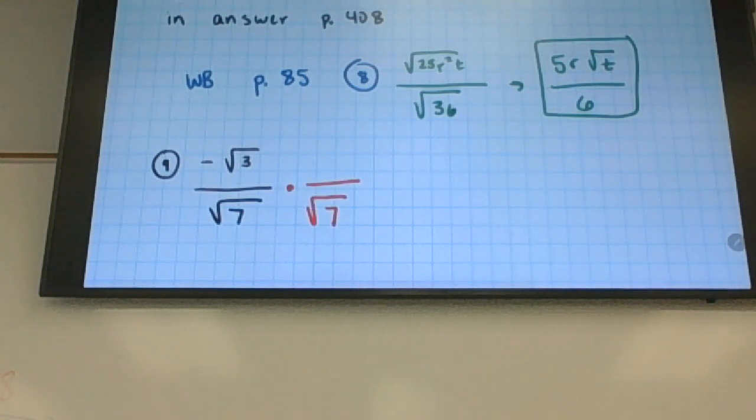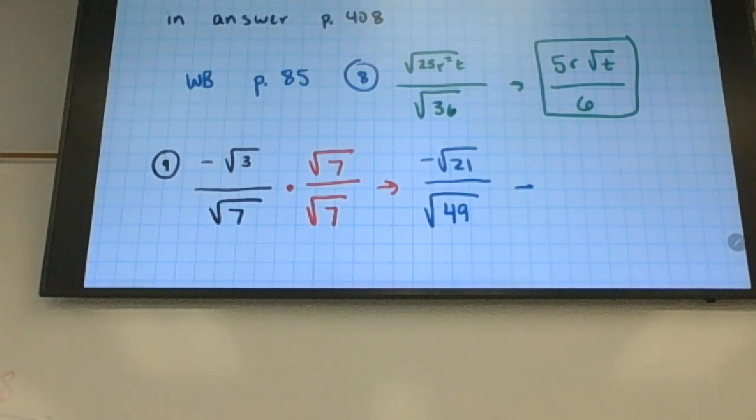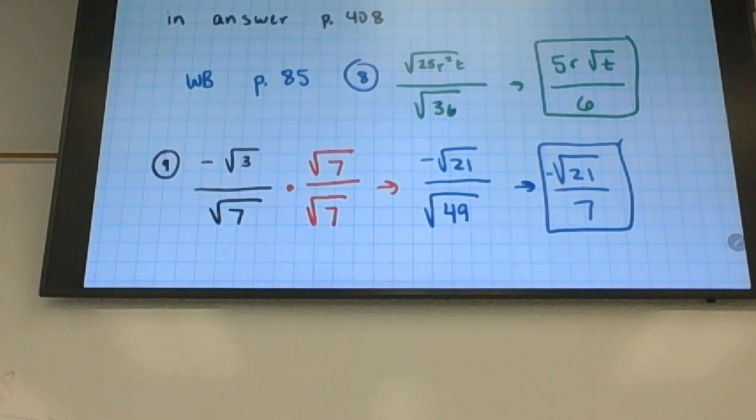Squaring 7 on both top and bottom. What's the square root of 7 times the square root of 7? Square root of 49. What's the square root of 49? Good job. The process of doing this just helps you understand.